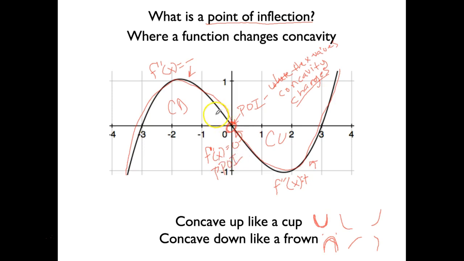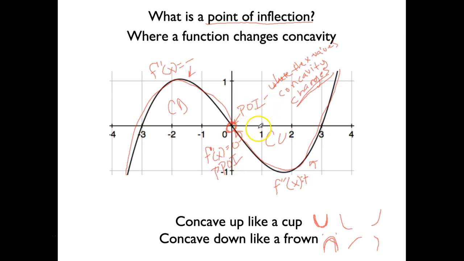Because it doesn't mean that the concavity necessarily changes. Remember, concavity must change, but it means that it's a point where it could change. Kind of like a critical number. It doesn't mean that it's a max or a min, but it means it could be a max or a min. So we're going to be finding these points of inflection today.